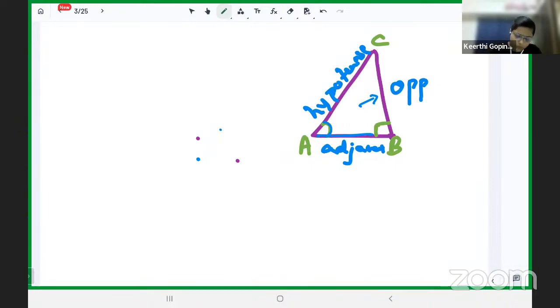First of all, I'm going to relate the sides of a triangle. We are finding some relation between the sides of the triangle. First I'm considering BC by AC. What is BC with respect to angle A?